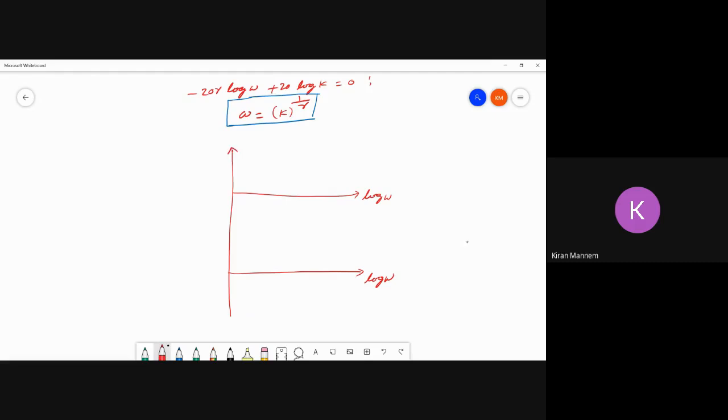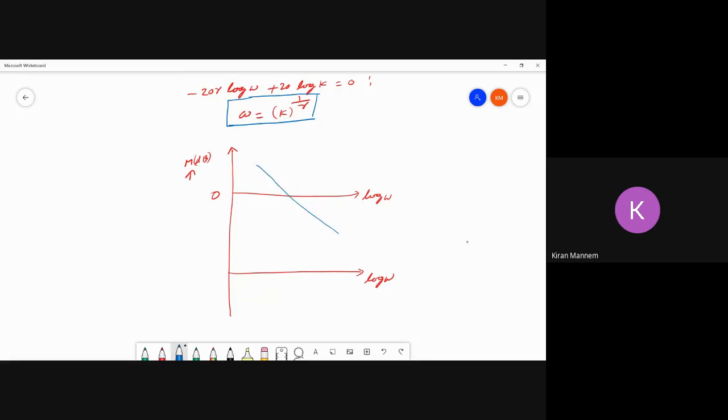Bode plot, magnitude in dB. Again, this is the 0 dB line. Again, it's minus 20 into r dB per decade, so your straight line will always be tending downward like this.